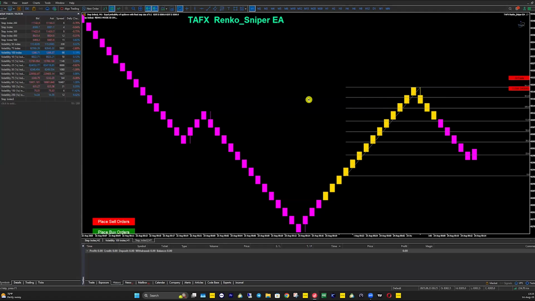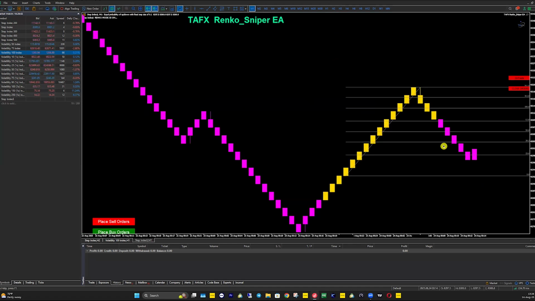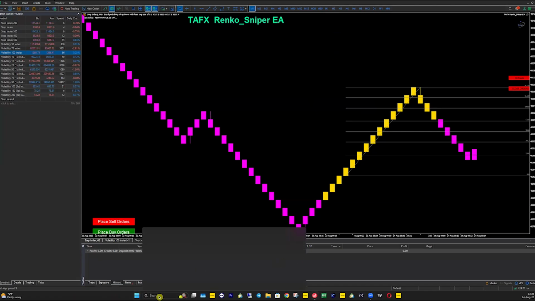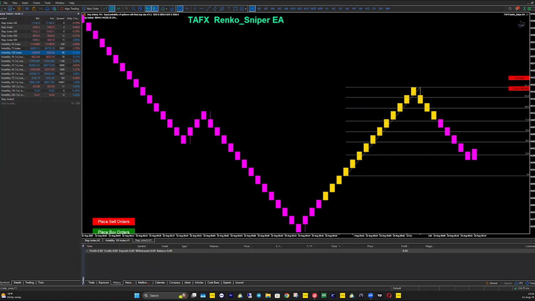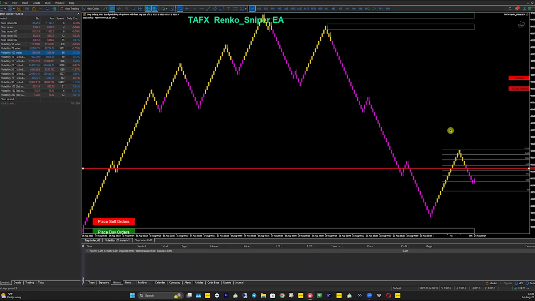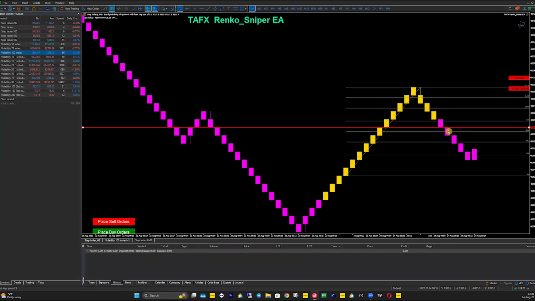So now this is a down trade, and as we can see, we have a sell at this point. This is where I want you to understand and follow closely. We all know when it comes to a sell, this is our sell brick, because it must close with a magenta brick.